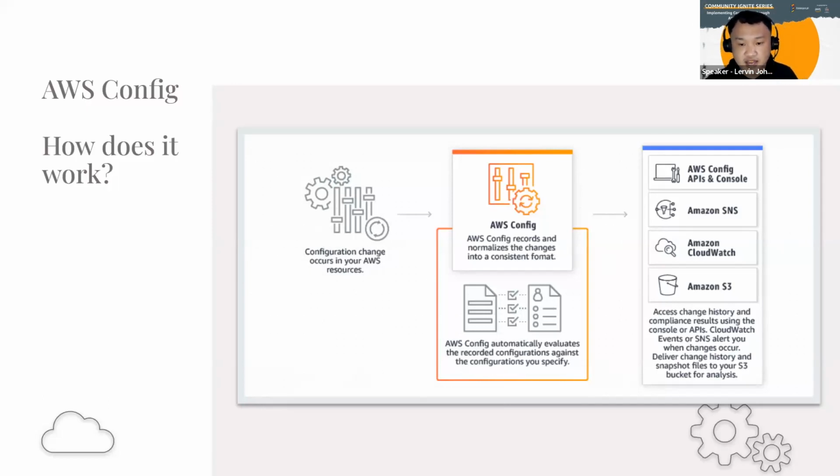You can also have CloudWatch events integrated, and have an SNS notification configured para i-inform yung key persons for the different configuration changes that happen. AWS Config also has a dashboard where you can see all of the configuration of all resources.